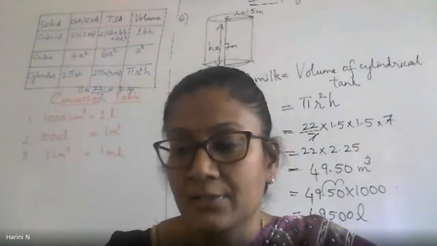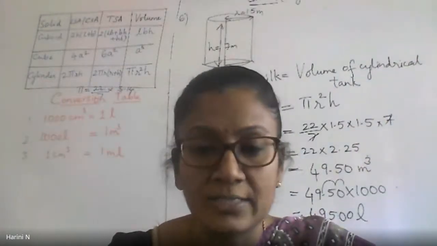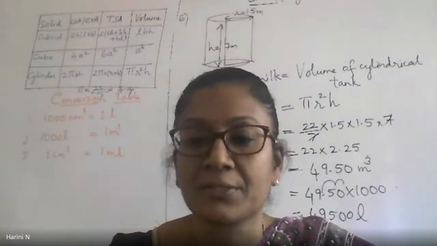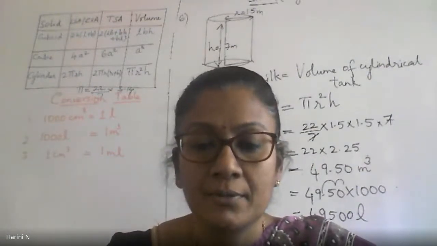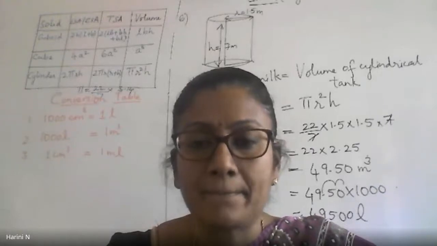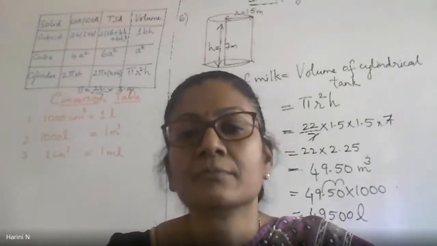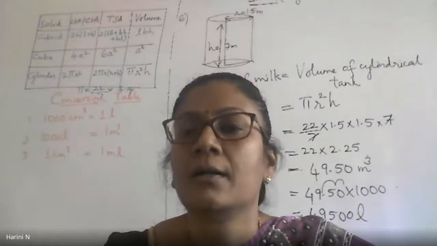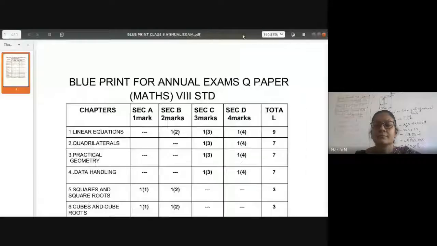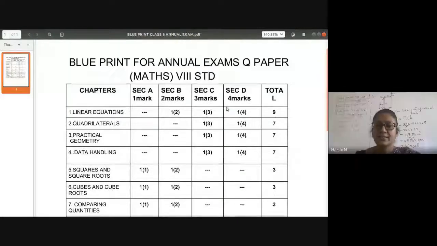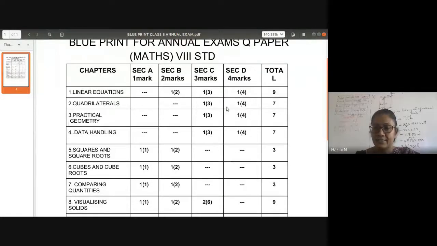Okay. So now let me present my screen to discuss with you what I have given as the blueprint. Are you seeing my screen? Yes, ma'am. Okay, this is the blueprint I have shared with you yesterday, right?